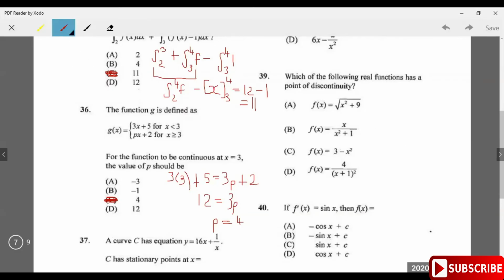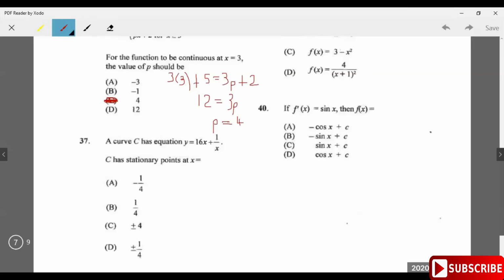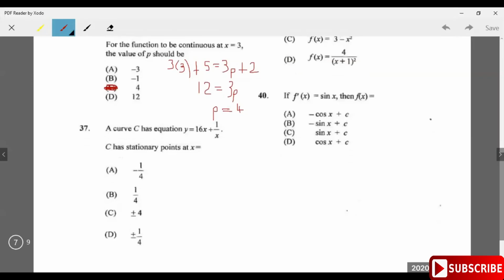All right. Now question 37. Question 37 is asking us to find a curve with equation y equal to 16x plus 1 over x, and it wants to find the stationary point of the curve. To find the stationary point, we need to differentiate y, and so we need to find dy by dx.